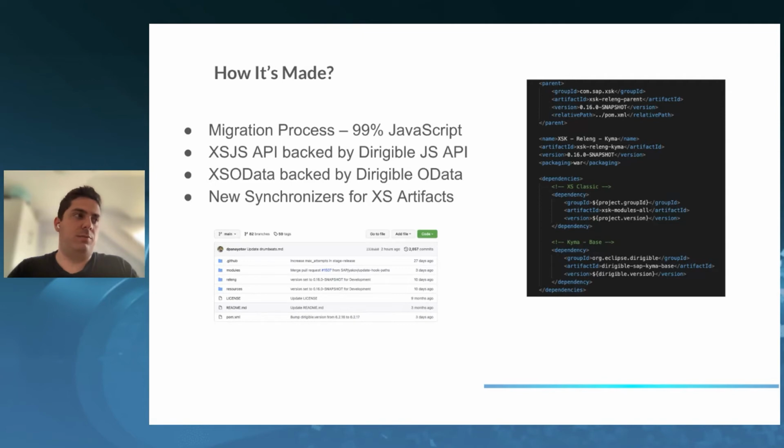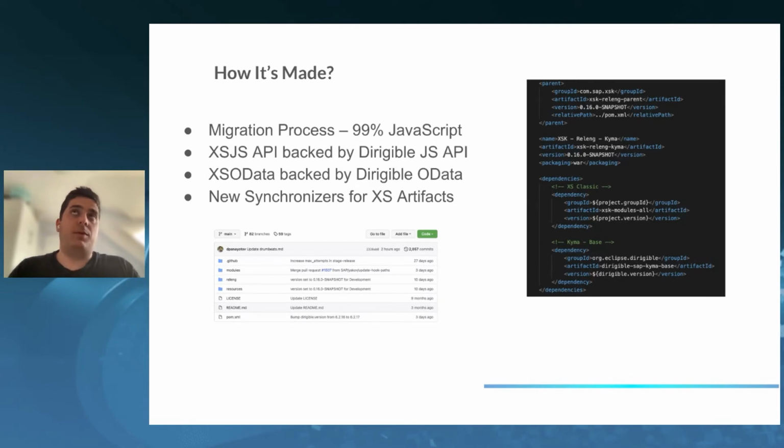We have a few minor helper classes in Java itself that we call from time to time. In SAP HANA XS applications, we have this XSJS API, which is again a JavaScript API. And because in Dirigible we had this enterprise JavaScript API, we are actually backing the XSJS API through the Dirigible JavaScript API.